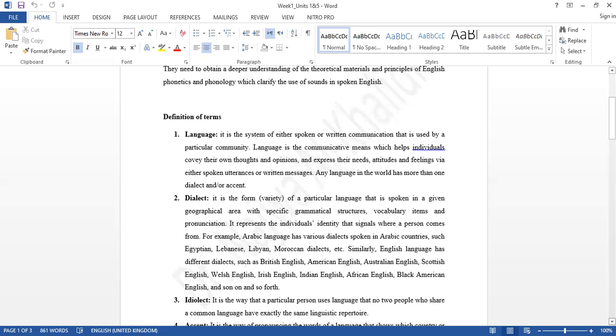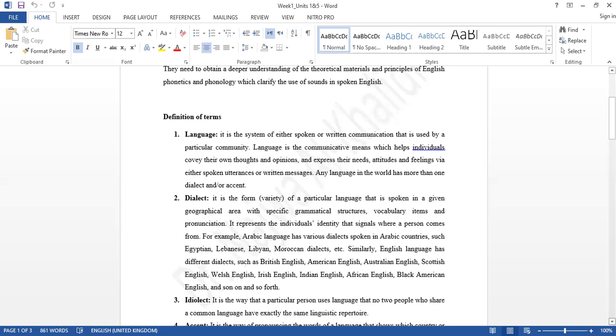So again, a dialect is a variety of a language which indicates from which a person descends. It also indicates the people's educational background, social classes, okay? And as I told you, the geographical area from where they descend.